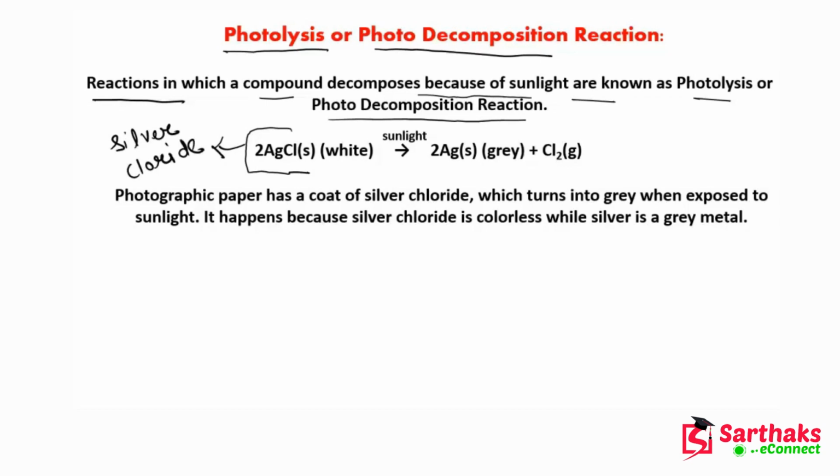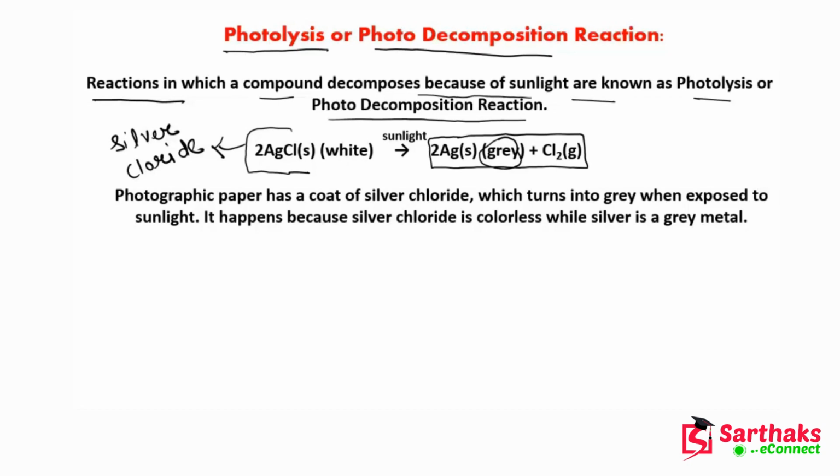Here this silver chloride is a white substance, and when you provide sunlight, it will break into two simpler components, silver and chlorine. Silver is gray in color and chlorine is a gas. I told you in the beginning that non-metals are very rarely found in pure form.